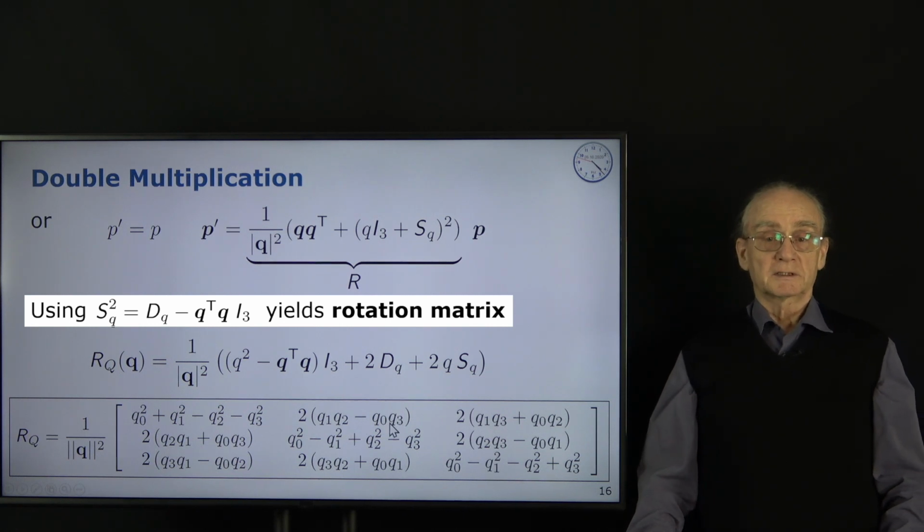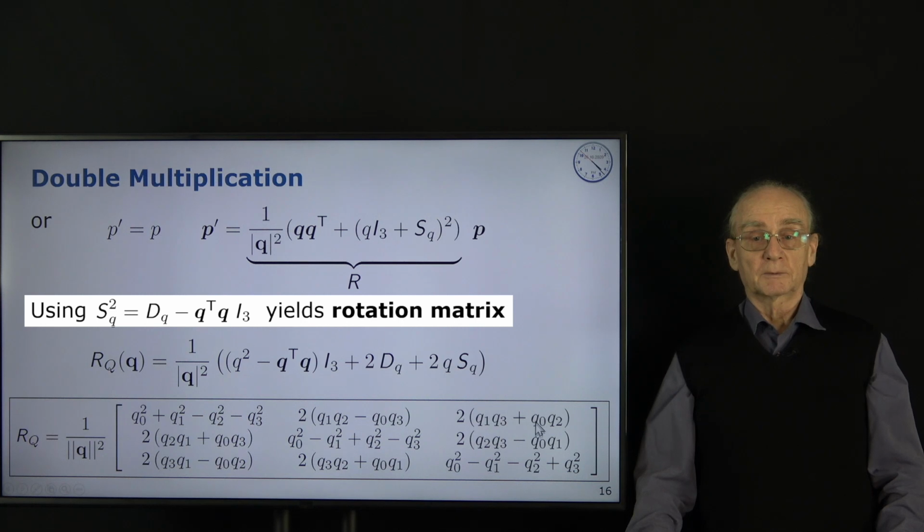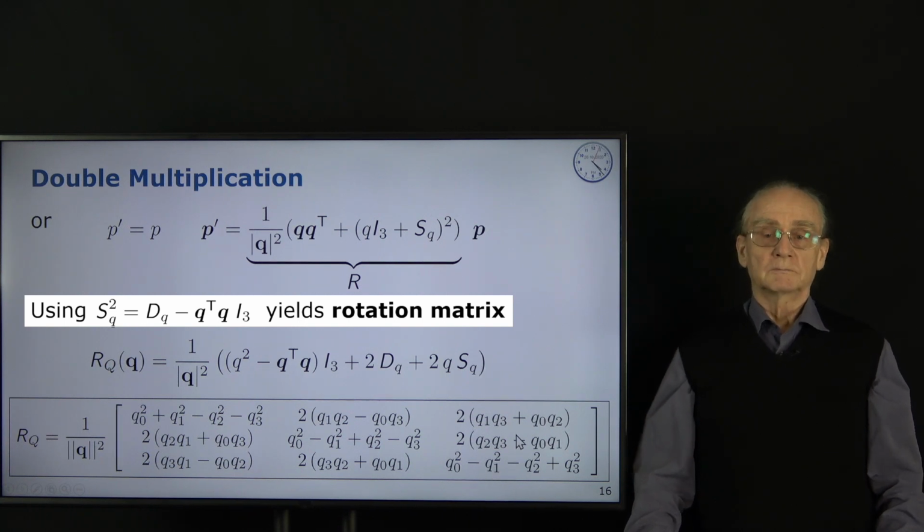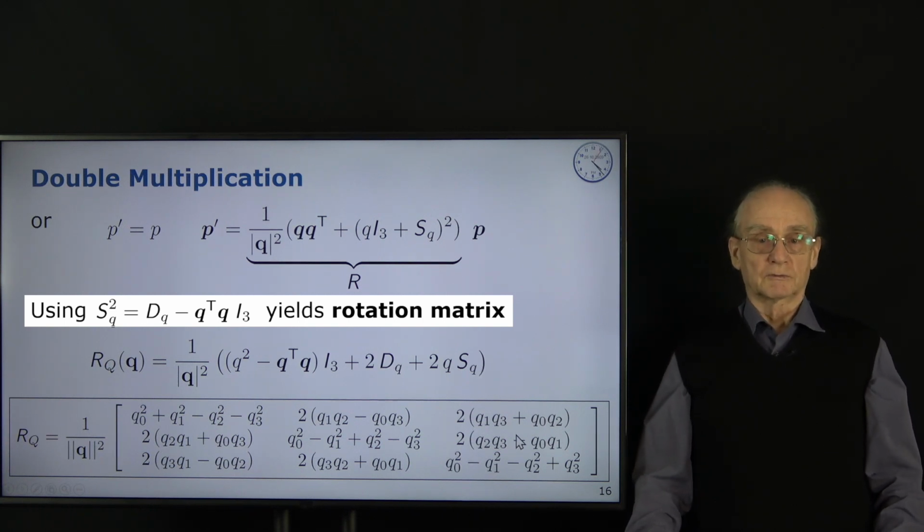And the second part is nothing else than Q0 multiplied with Q1 negative, Q2 positive, Q3 negative. That means here we see the skew symmetric matrix in here. So after some time you might be able to remember this.